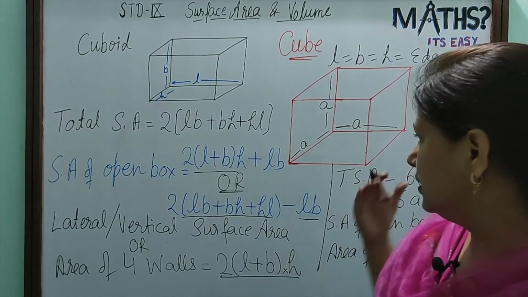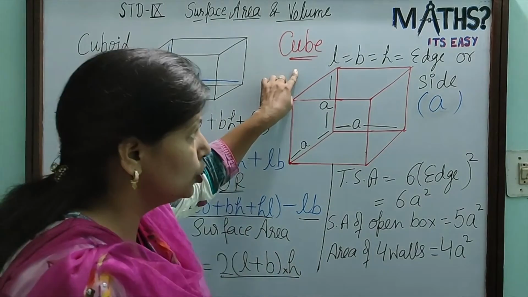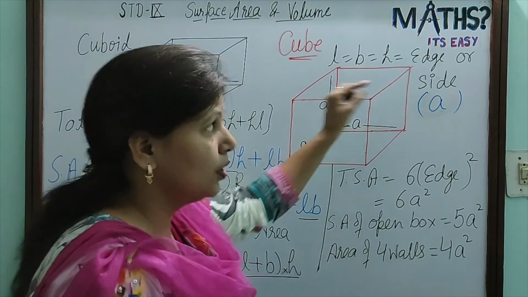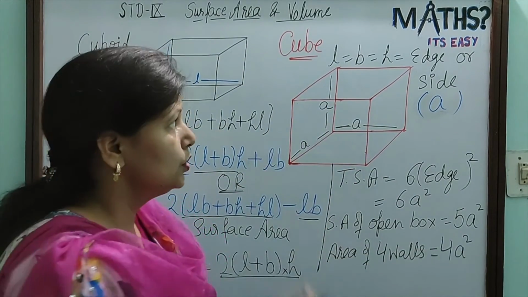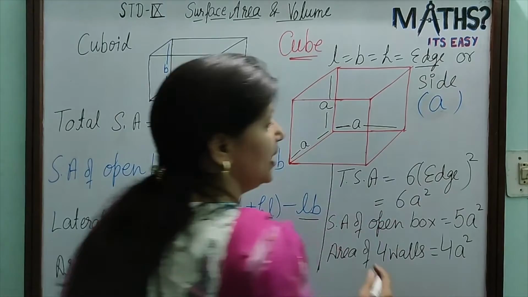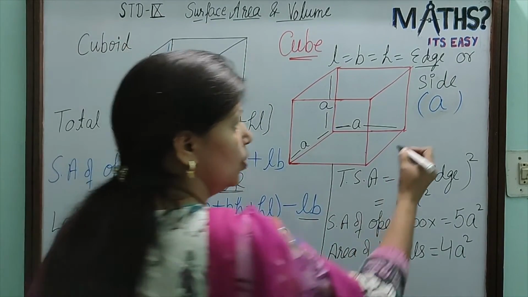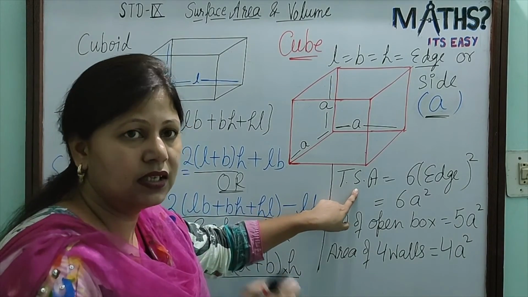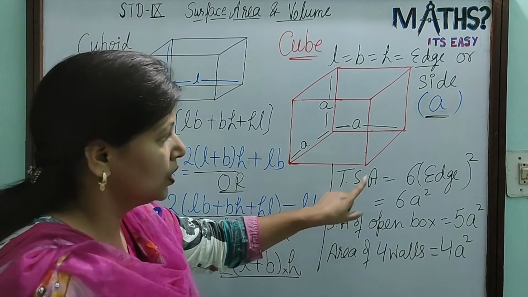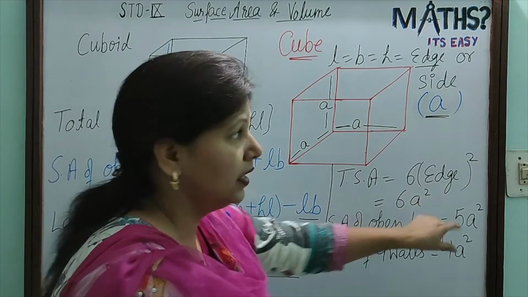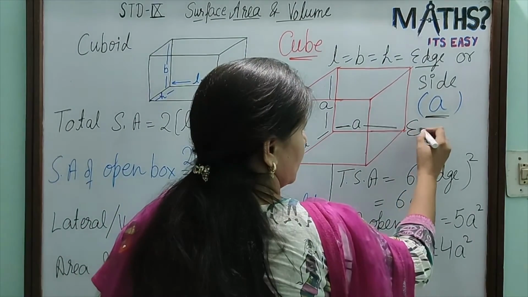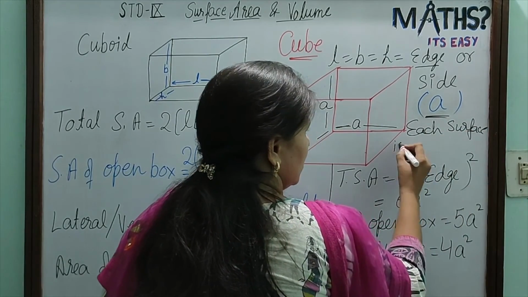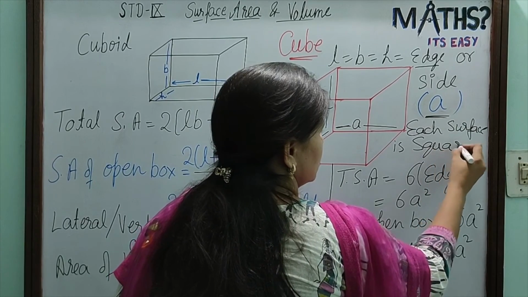Okay, and the same formulas for the cube, as in the cube, length is equal to breadth is equal to height. All 3 dimensions are equal, so each dimension is said to be edge or side and denoted by A. Okay, so total surface area means 6 surfaces area, so 6 into edge square, as each surface in cube is a square.